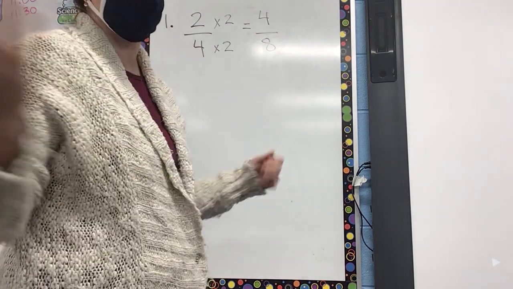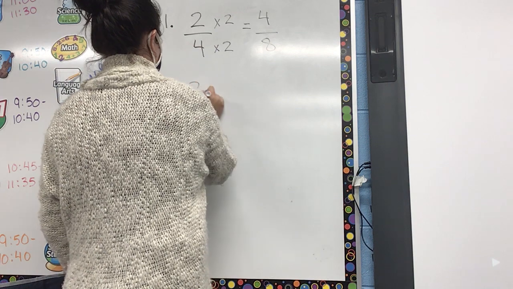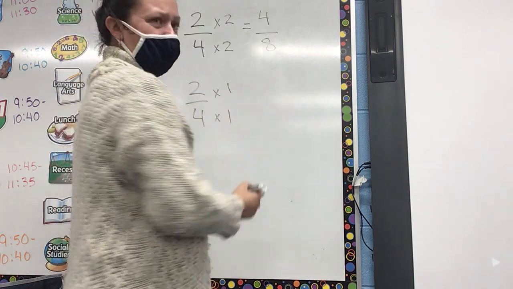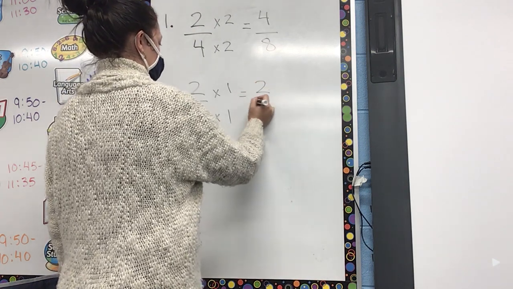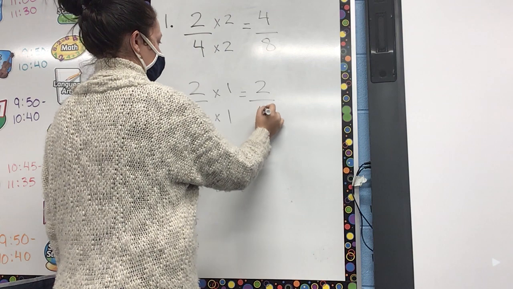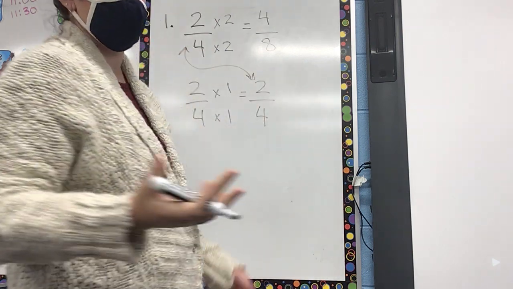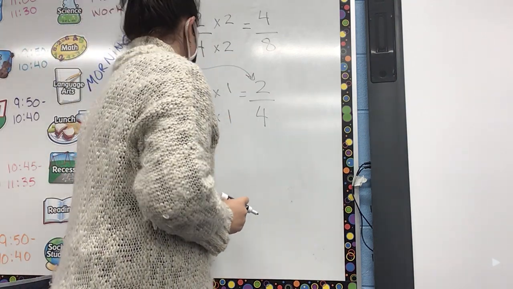Now, if we want to work with smaller numbers, because that's always easier, why would I choose 1? Isn't that even smaller? Yeah. So 2 times 1? 2. 4 times 1? 4. Did I write a new fraction? No. So that's why 1 isn't going to work. But 2 works. I create a new fraction.